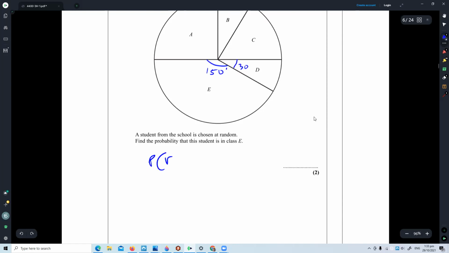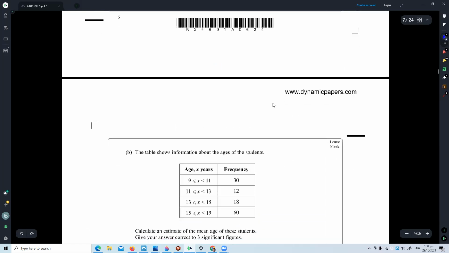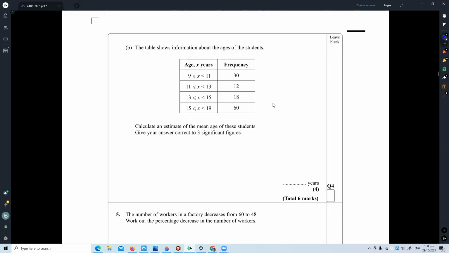So probability of E is equal to 150 over 360, which would be, if I use my calculator, about 41.67. So I'll always round it to 2 decimal places unless told otherwise. And I'm saying it's not exactly equal, but approximately equal. So that's good for 2 marks.